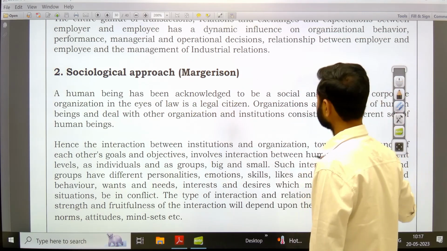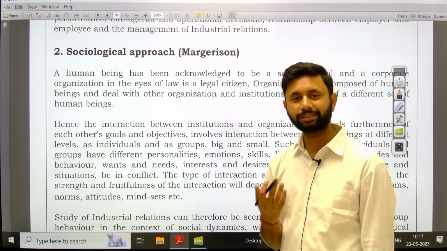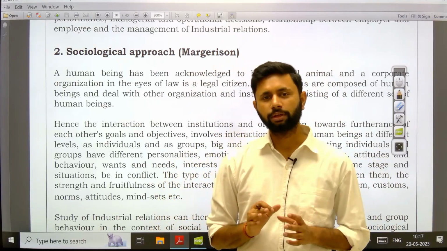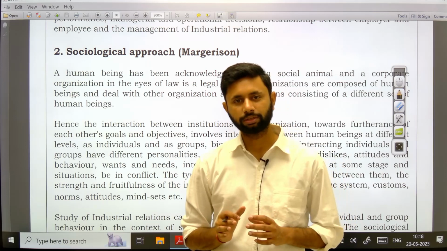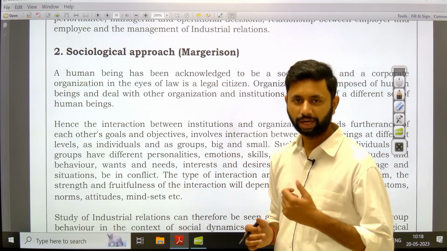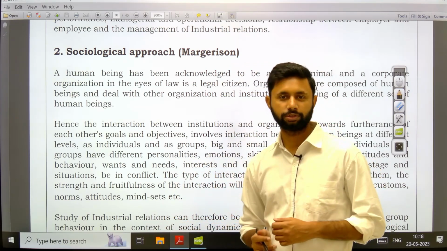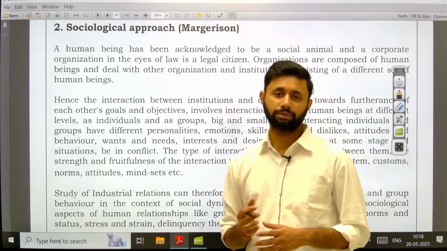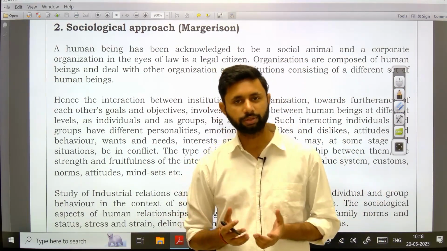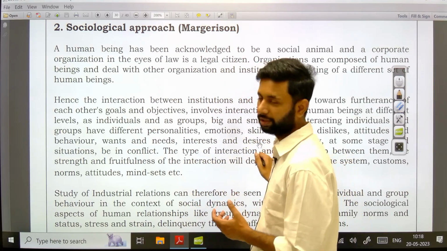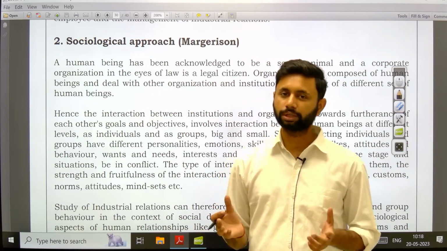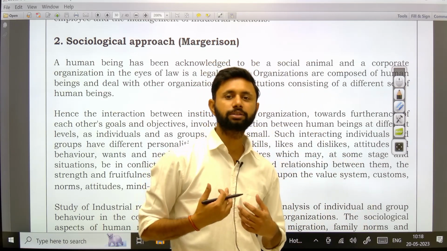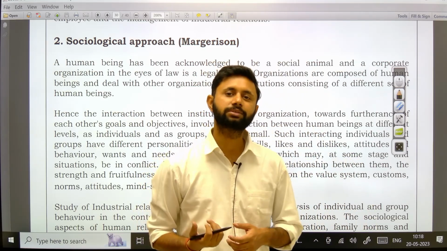Sociological approach, as you can see from the name itself, is more related to the social context, and the definition is the same, that it talks about the relationship between the various stakeholders of the industry within a social cultural context. Obviously, all the relationships will be determined by the social cultural context in which the industry is present.